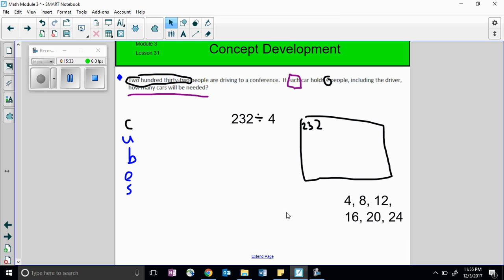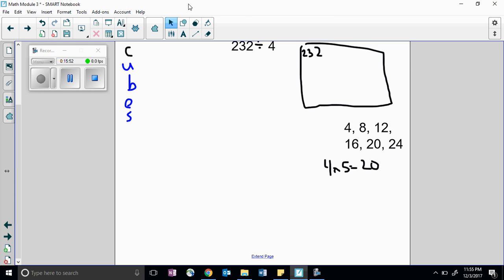If I added a 0 to one of these at the end, which one would be closest to this number? Ah, that 20. That 20 looks oddly suspicious. So if I wrote 4 times 5 is 20, but I wanted that 20 to be a 200.